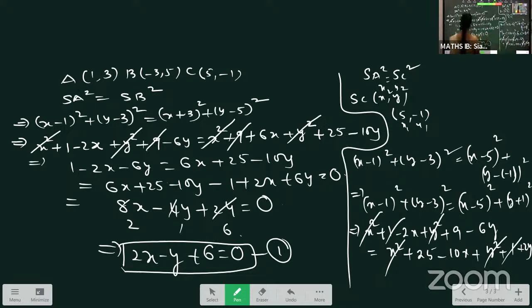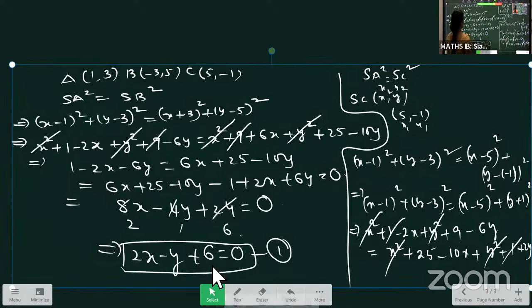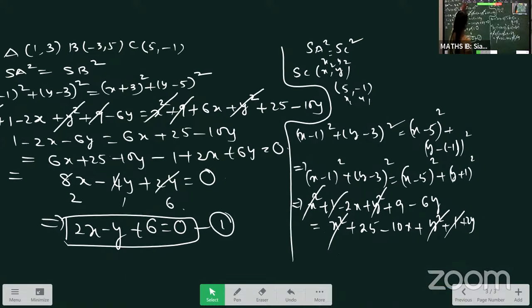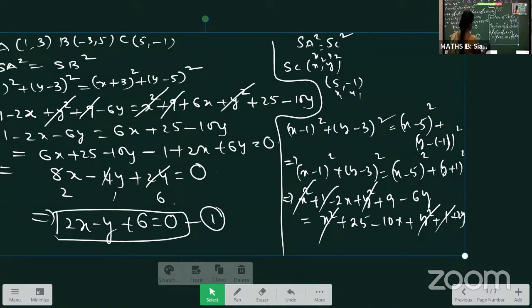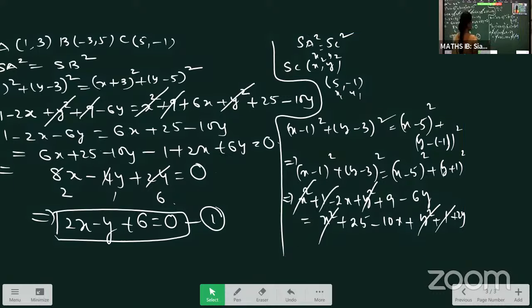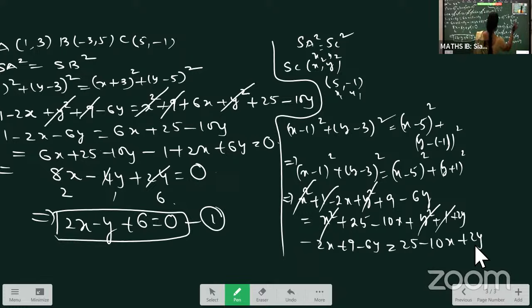You write. So here we have minus 2x plus 9 minus 6y is equal to 25 minus 10x plus 2y left.